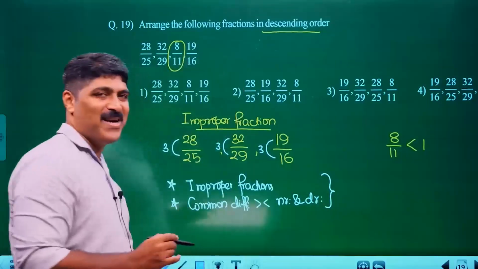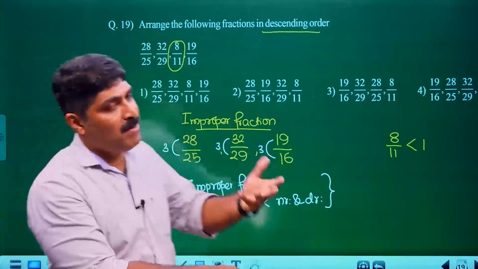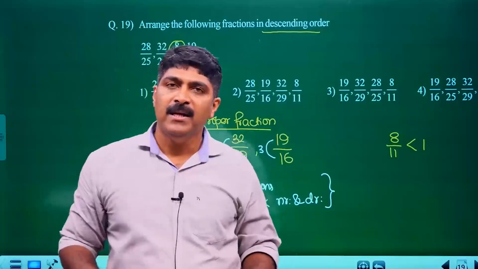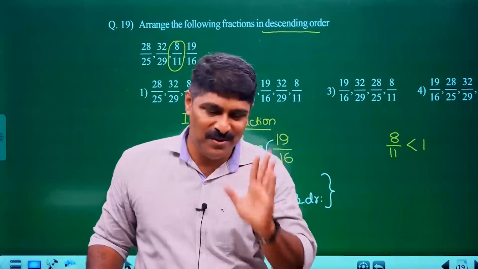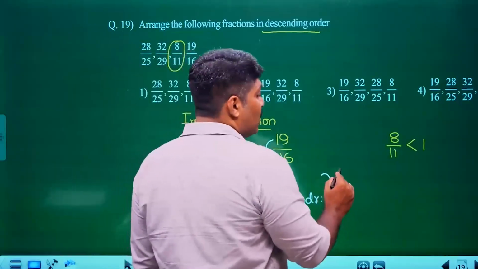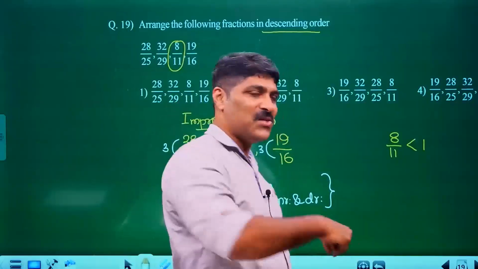That's a beautiful conclusion. If we are dealing with improper fractions, the order is inverse. What is the meaning here? The largest fraction contains the least values and the least fraction contains the largest values.